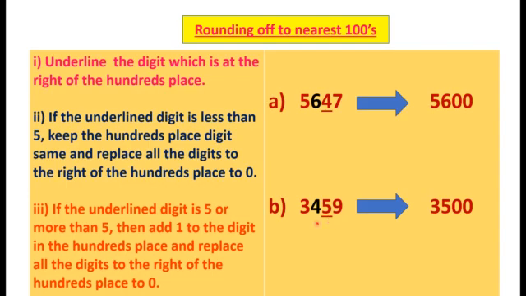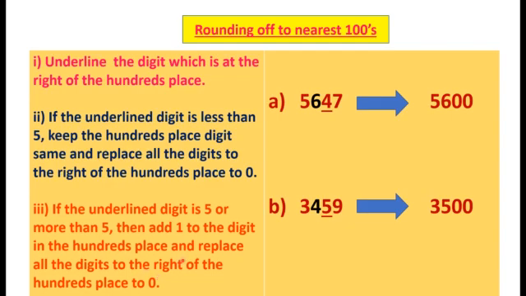So here we find that underlined digit is 5. So then add 1 to the digit in the hundreds place. So we have to add 1 to 4. Okay, so 4 plus 1 will give you 5. Okay, so 4 becomes 5 over here.